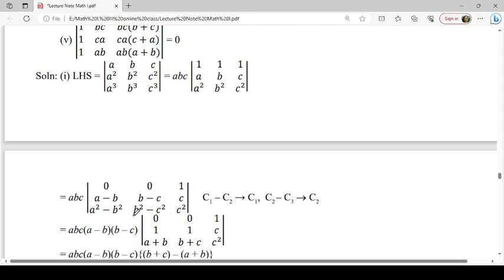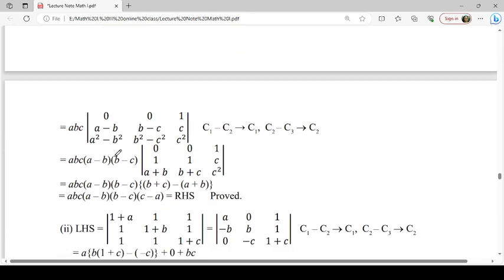And we can now again take A minus B and B minus C common, and what remains is 0 1, A plus B, 0 1, B plus C. Ultimately we can expand it easily because two elements are 0. So it is B plus C minus A plus B, and we get the right hand side.